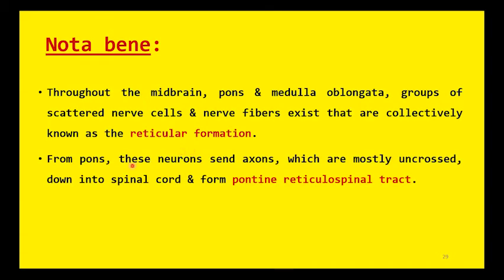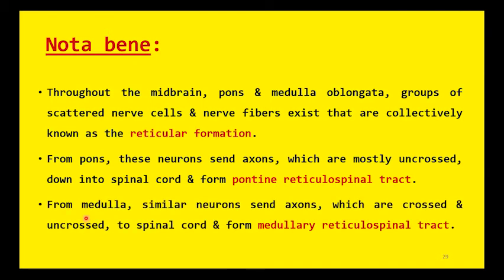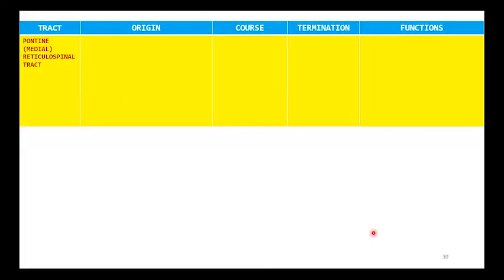So from pons, the pontine reticulospinal pathway will originate, and from medulla we have medullary reticular nuclei, and this will give rise to the medullary reticulospinal tract. So these are extrapyramidal pathways, descending pathways, pontine and medullary reticulospinal pathways. So we will trace both the pathways.